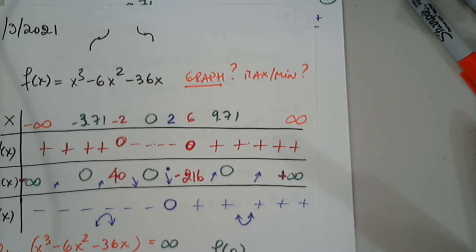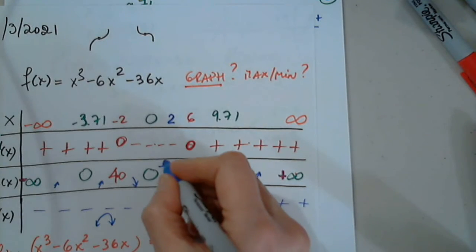So since I have the function in there, all I have to do is just plug in 2 now. I don't need that. I just need 2. No, I didn't mean that. I meant 2. Okay, so it's negative 88.